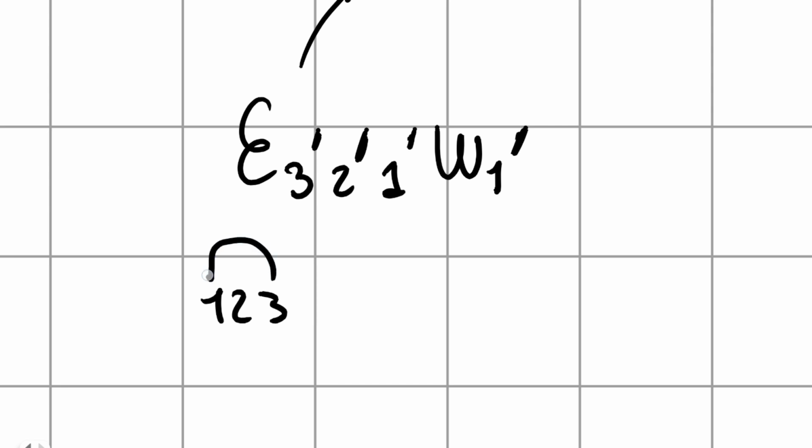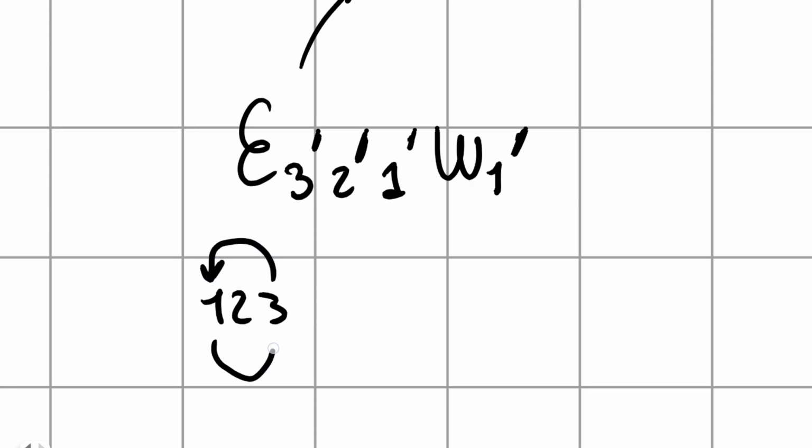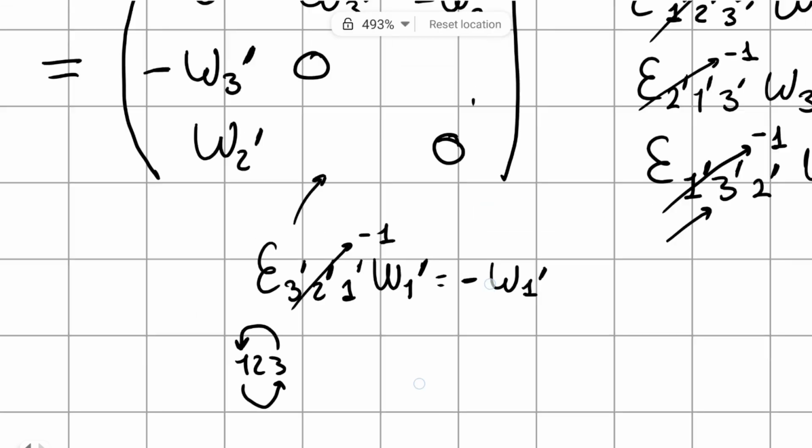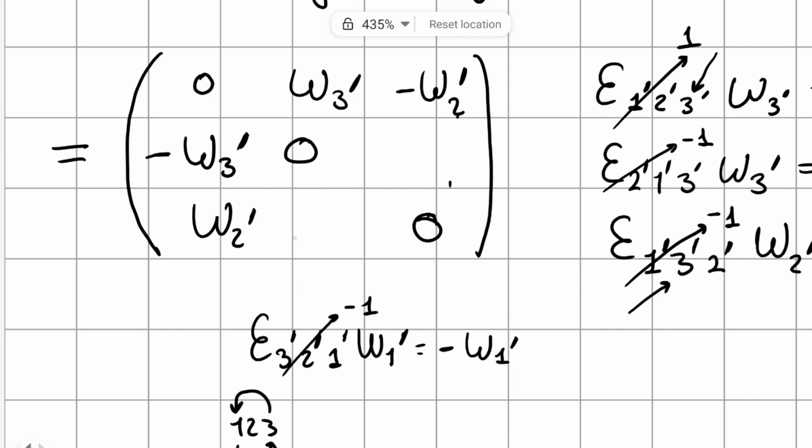Well, we change this 3 to this position, we take the 1 to this position, so that means that's only one step. One permutation, I mean. So that means that we have another permutation, so this is going to be minus 1, and this is going to be minus omega 1 prime. So that means that this element is going to be minus omega 1 prime, and this, of course, is going to be omega 1 prime.